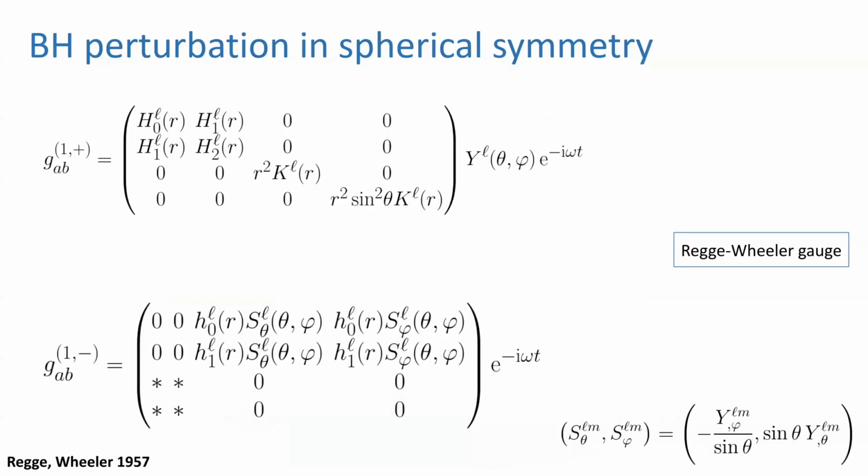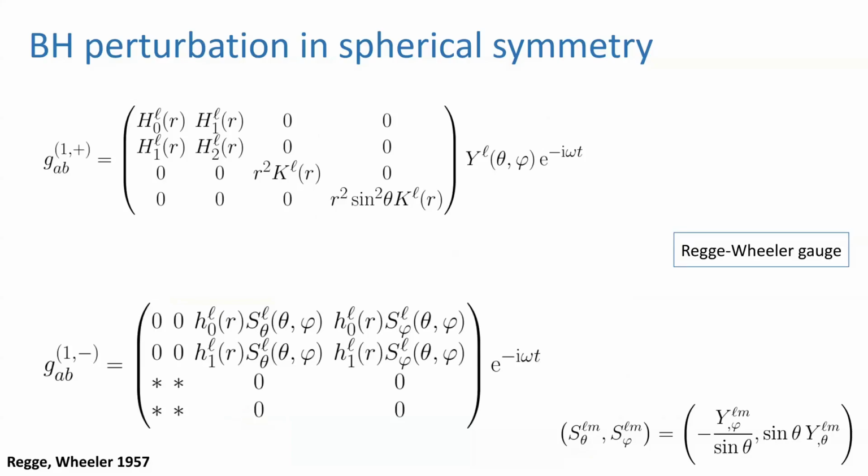This is what is usually taken as the Regge-Wheeler gauge. Of course, you can study perturbations in whatever gauge you want, but this is the most convenient way to derive the calculations. So this is the ansatz for the polar part, and this is the ansatz for the axial part.